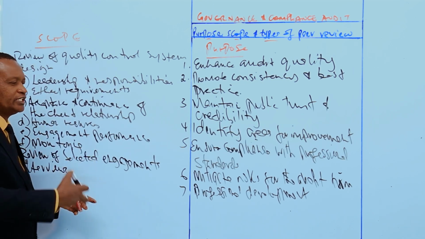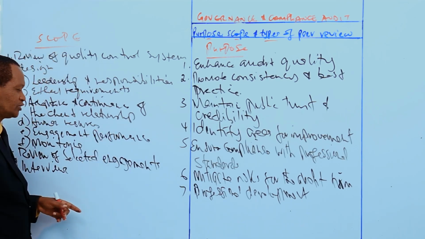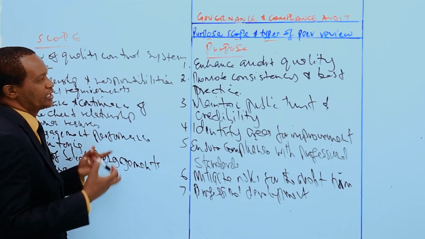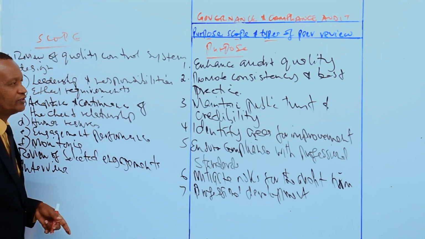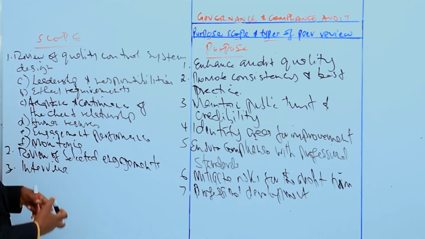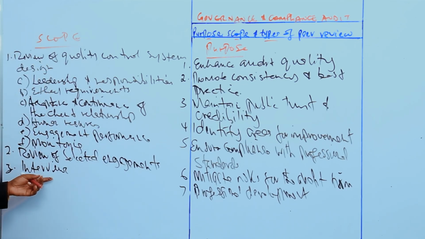If you are to audit the auditor, then you also just carry out interviews. The way the auditor carries out interviews while gathering audit evidence from the client. Because you are auditing the auditor, interviews must also be part of it. Carrying out interviews with the audit staff, with the partners, with the key audit personnel to assess their understanding and their adherence to the firm's quality control policies.